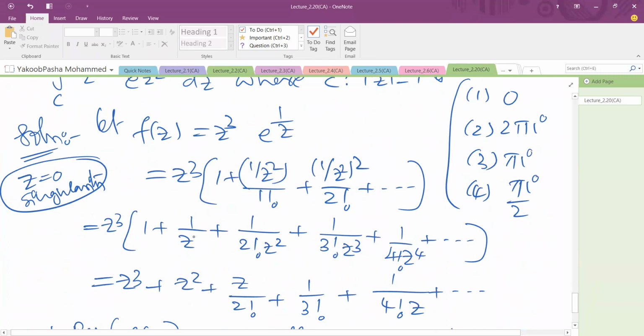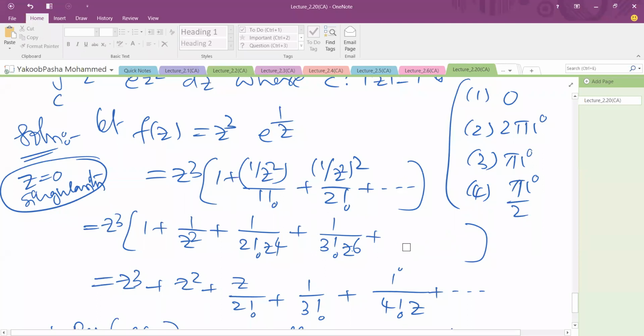So we have 1 by z square, here 1 by z power 4, it is 1 by z power 6.